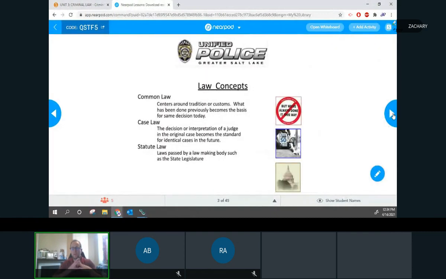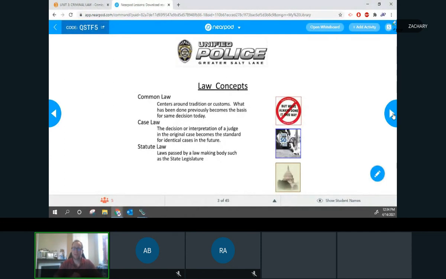All right, so let's get into criminal law now. There are different law concepts. There is what we call common law, which centers around traditions or customs. We talked about why some things are legal in one area and not in another because of culture.